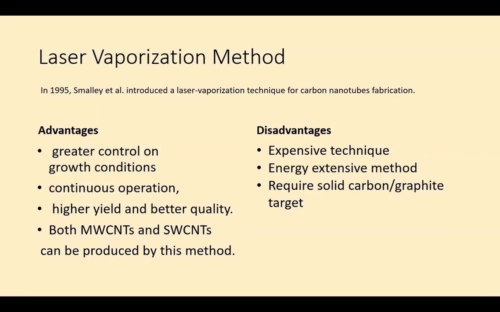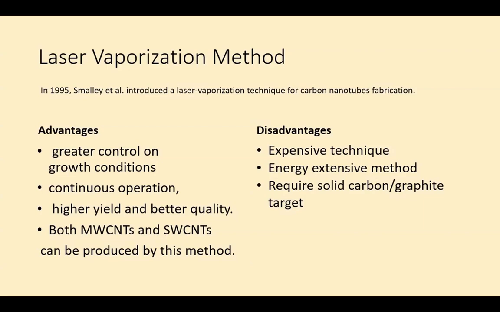Another method for fabrication of carbon nanotubes is known as the laser vaporization method. In 1995, Smalley et al. introduced this method. This method has a lot of advantages, like it allows great control on growth conditions.